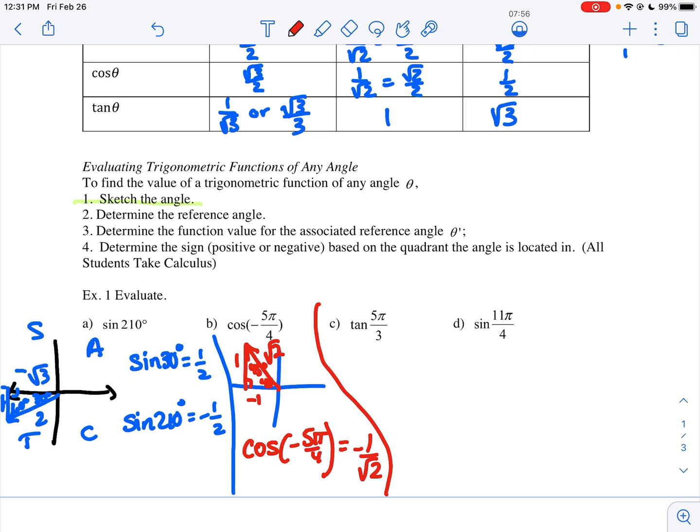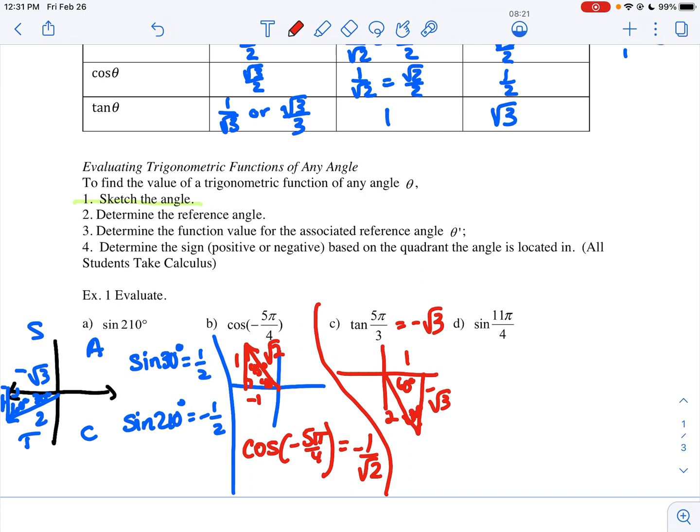All right, so I'm going to try this. 5 pi over 3 is here. That's a reference angle of 60 degrees. So it goes 1, 2, radical 3. I'm right and down. Tangent would be negative radical 3.